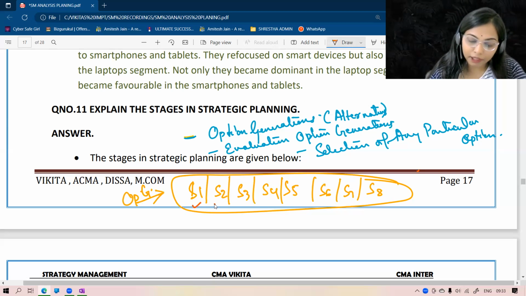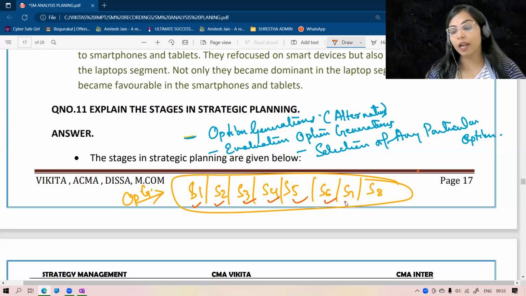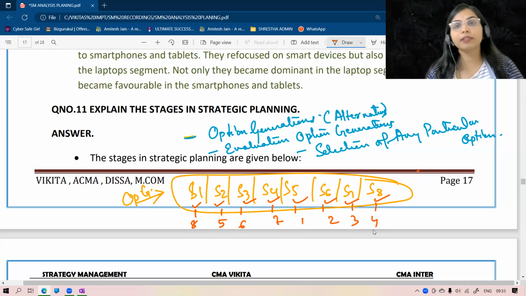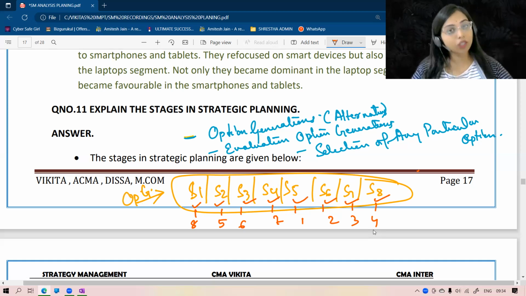Evaluate means we have to find out, for each strategy option available, what the evaluation can be if we are doing it. We have to put a proper rating on it, whether this will be 8, this 5, this 6, this 7, and so on. This is how we evaluate the options, thinking about the future, the weaknesses, the threats, the opportunities, and maximizing the strengths.